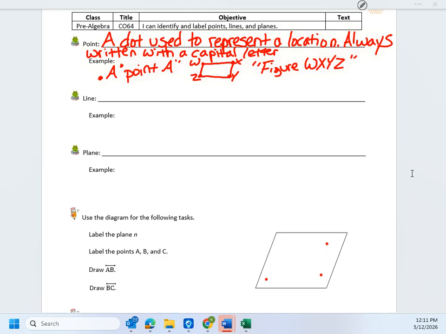A line connects two or more points. It's straight. It goes on forever.